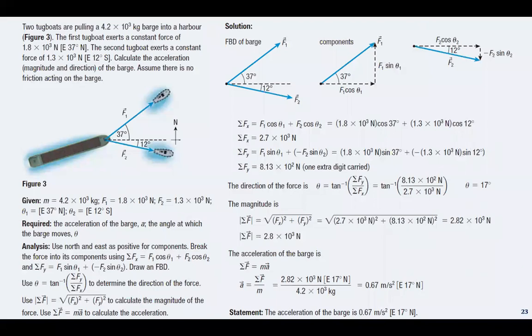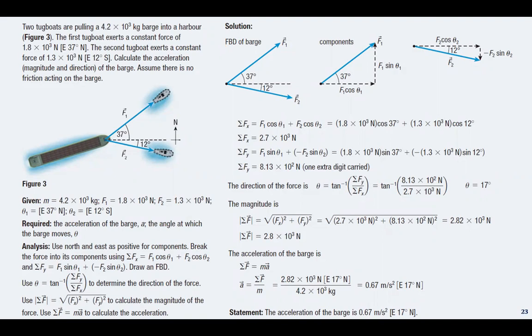Okay, so let's have a look at the solution here. So in this question, we are given the following information. First of all, the mass of the barge is 4.2 times 10 to the power of 3 kilograms.